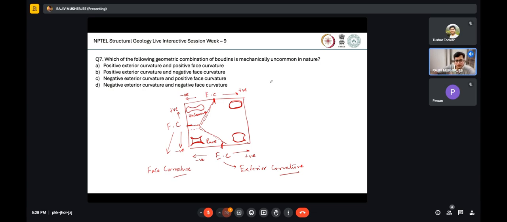So just to give an example, if I draw a checkered box, so this is FC and this is EC.